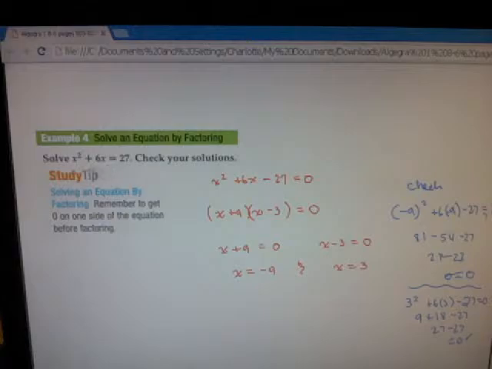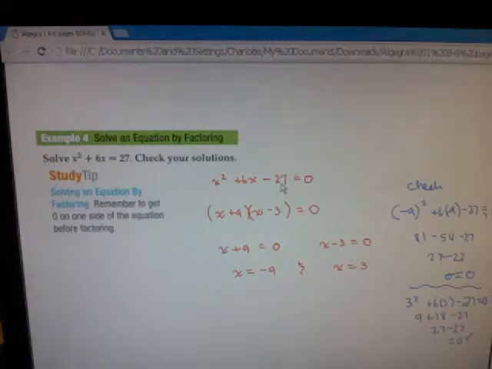Before we can solve this, we need to set it equal to 0 because we're going to be using the zero product property. So in order to set this equal to 0, I need to move this positive 27. When I move the positive 27, it's going to make it a negative 27.